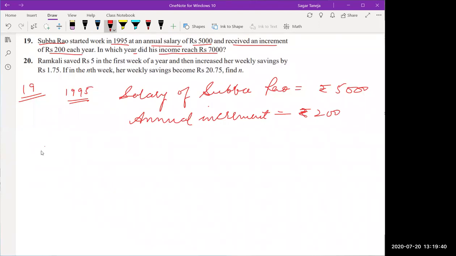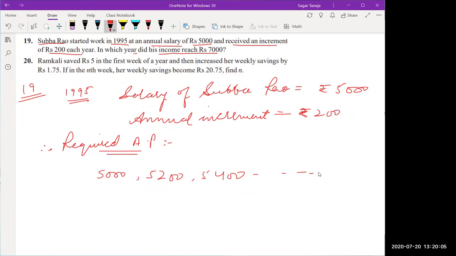So the required AP which we'll be able to form with this is very easy. You can just see here what will be the required AP. First is 5,000. In the first year he'll get a salary of 5,000. Second year he'll get a salary of 5,200. Third year he'll get a salary of, sorry, 5,400.